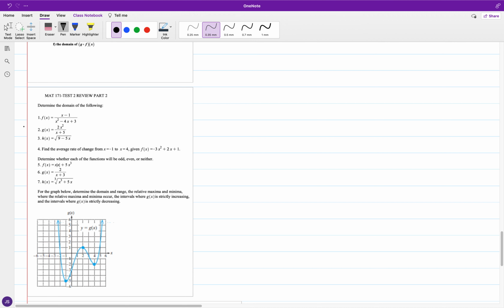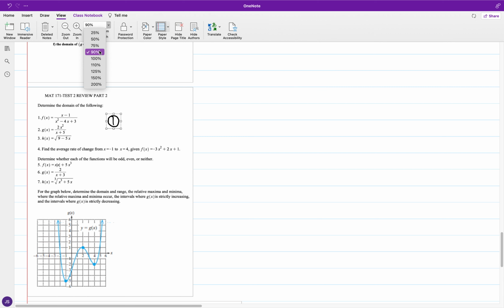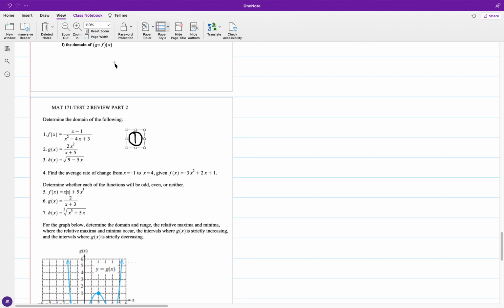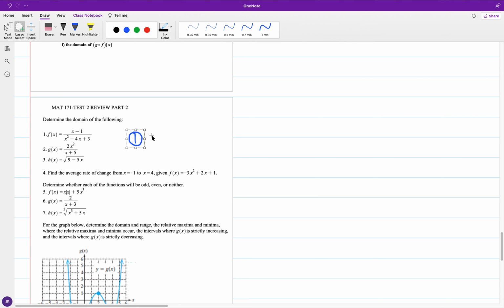For item number 1, you have f of x is equal to x minus 1 all over x squared minus 4x plus 3. So we're going to have the restriction that the denominator cannot be equal to 0.